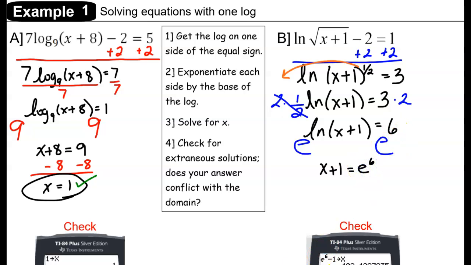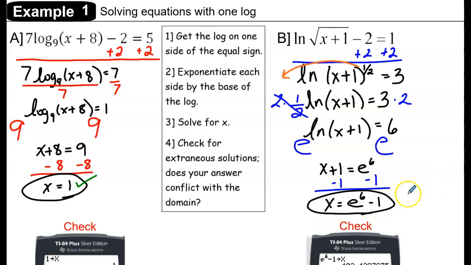Then we can solve for x in step 3 by subtracting 1 from both sides, and x is equal to e, Euler's constant, to the 6th power minus 1. Okay, then that's my exact solution.